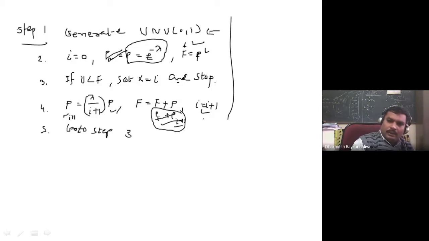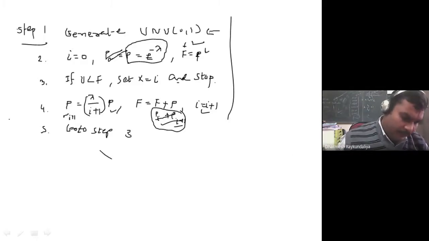If not, we keep repeating the process, and you will generate the required random numbers from a Poisson distribution.